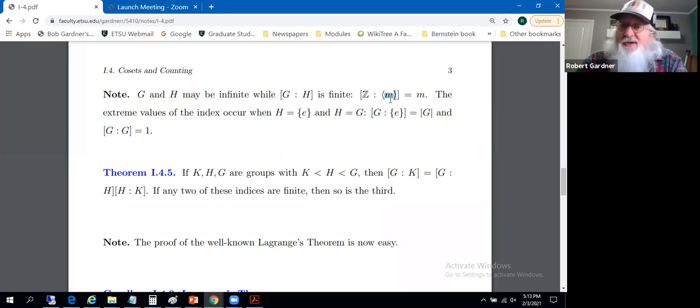For example, if it's 2, then we got the even integers. If it's 3, we've got all integers that are 0 mod 3, multiples of 3. And if we count the number of cosets, say of the even integers, the subgroup generated by 2, there's only 2 of them, the even integers and the coset of the odd integers.